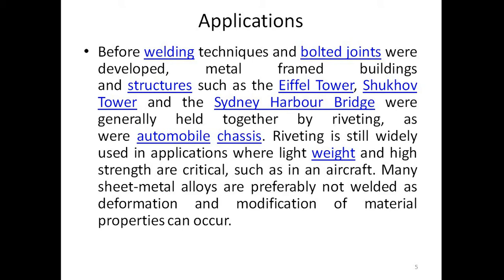Riveting is still widely used in applications where light weight is there and high strength is critical, such as in aircraft, where high strength and low weight are required. In this case, for joining the parts, the riveting process is used. Then in most applications, such as sheet metal, riveting is used.